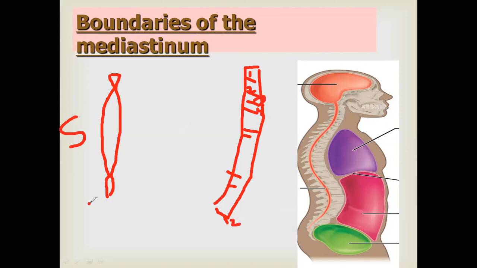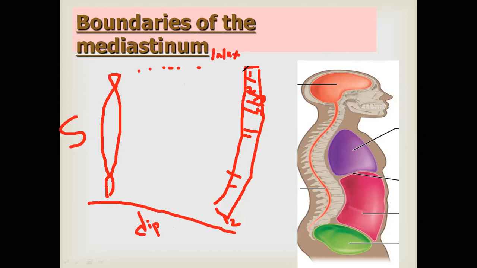Here we close this part from below with the diaphragm. And the upper part here is named the inlet of the thorax, the inlet of the thoracic cavity.